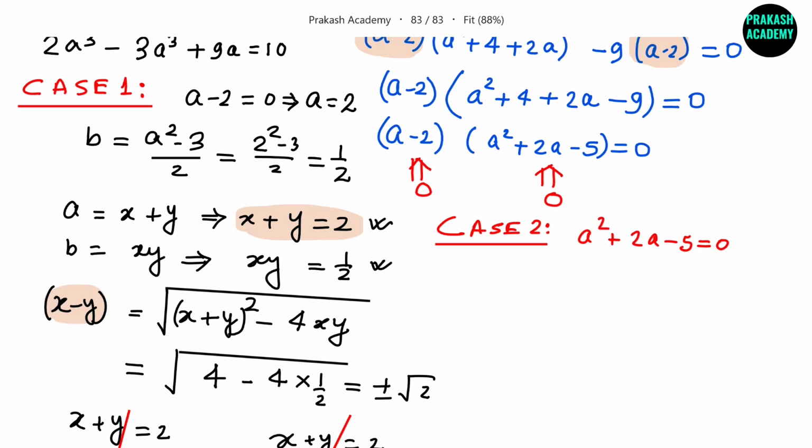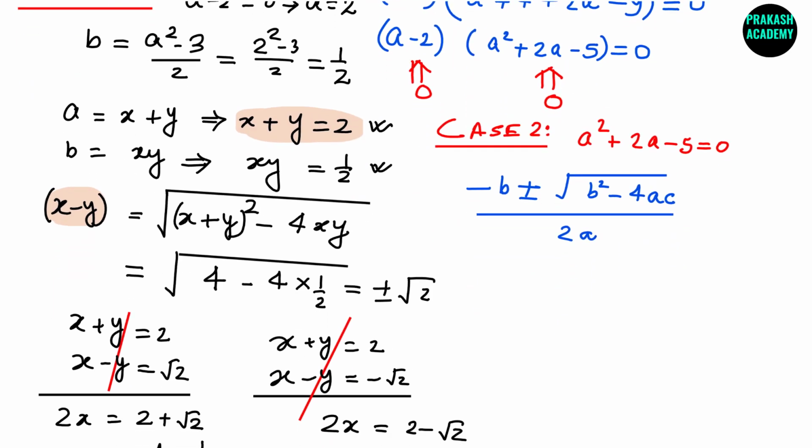And if you remember, in case of quadratic equation, roots are given by minus b plus minus square root of b square minus 4ac by 2a. Now b is 2, so minus 2 plus minus square root of b square, that is 2 square minus 4 times a times c, and c is minus 5.